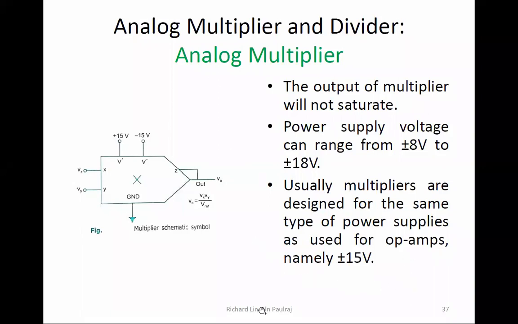So we are going to use the same type which we had seen in op-amps, a standard plus 15 volt. You can even scale it down to about 12 volts. That shouldn't be a problem, because anything above 8 volts and below 18 volts is fine.